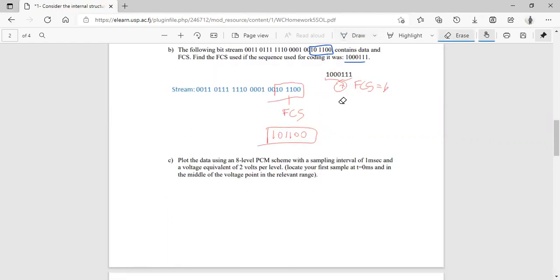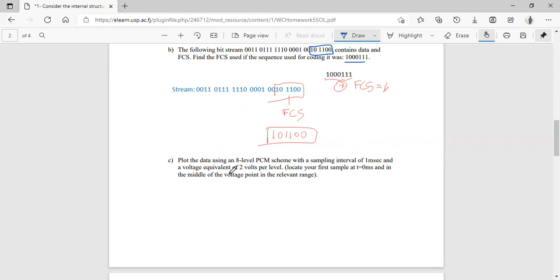Moving on to the next part of this question. Plot the data using the 8-level PCM scheme with a sampling interval of 1 millisecond and a voltage equivalent of 2 volts per level. So this means there are 8 levels, and each level has a 2 volt difference, right? Each level is made up of 2 volts.